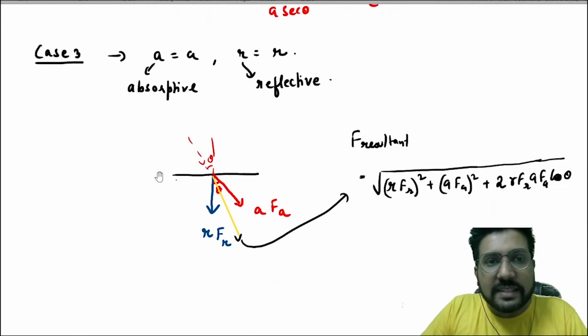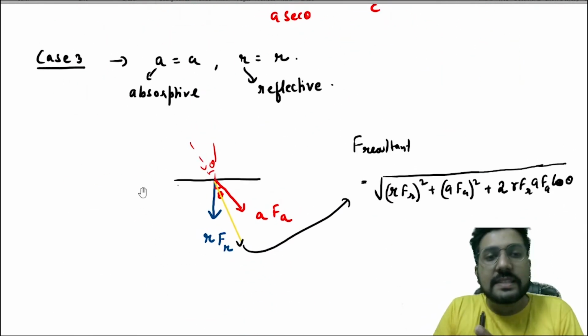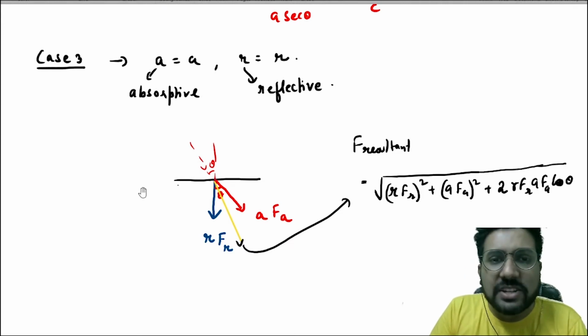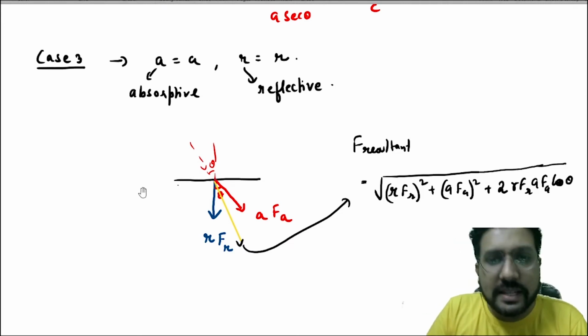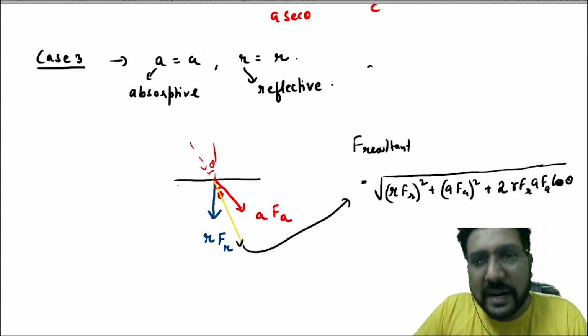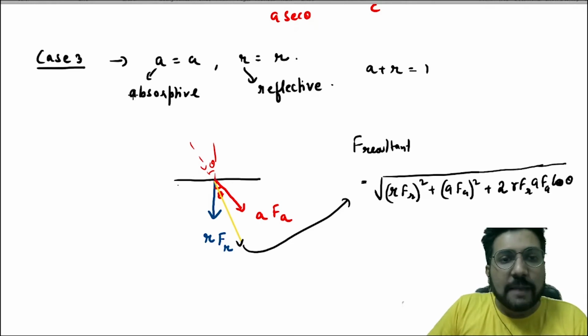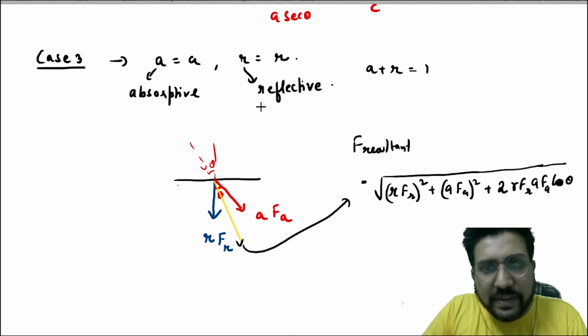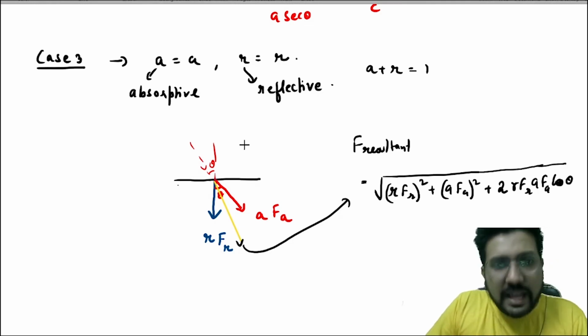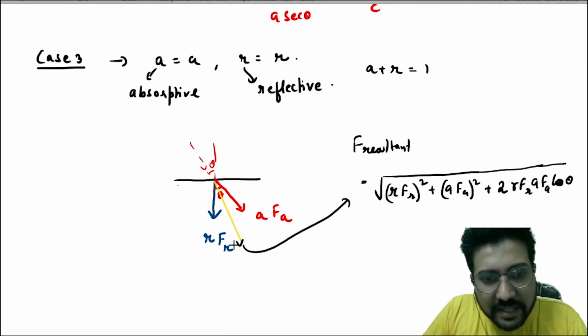Now in case 3, if the surface can absorb some fraction and reflect some fraction, so there is an absorptive coefficient also and there is a reflective coefficient also, but yes, it is a fraction. a plus r is 1. So the absorptive fraction will give a force in this direction and the reflective fraction will give a force in this direction, and the resultant force will be in this direction. Right?